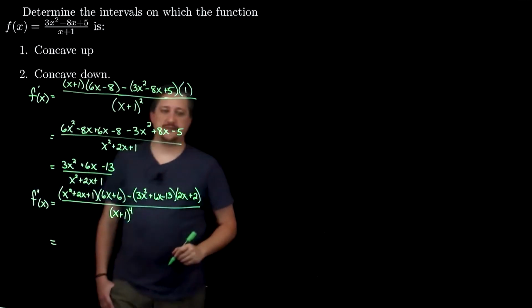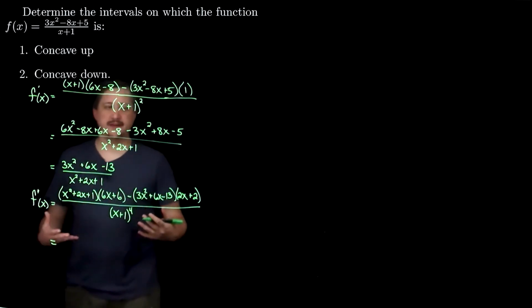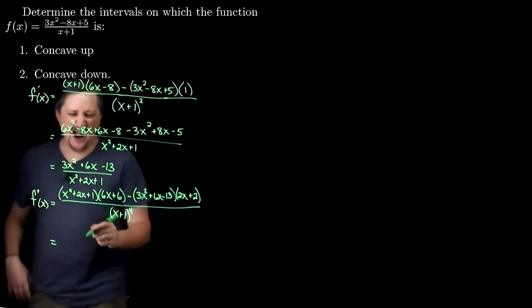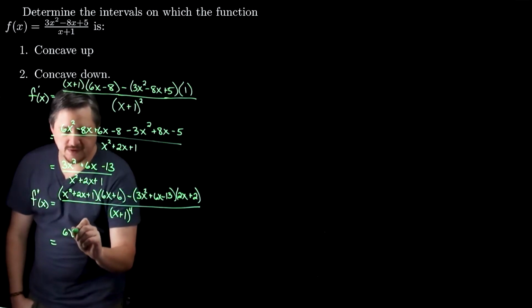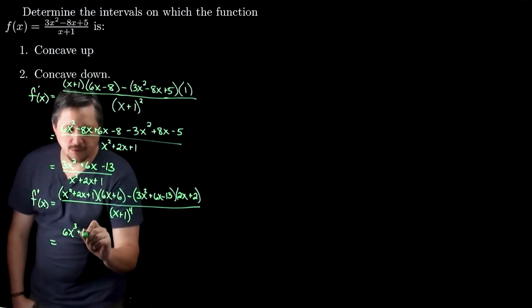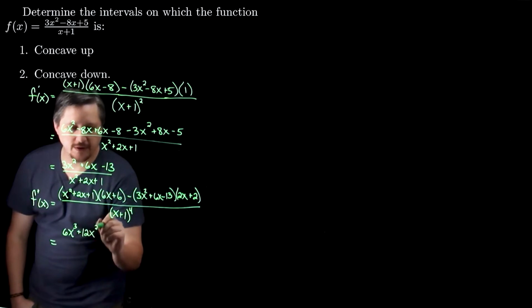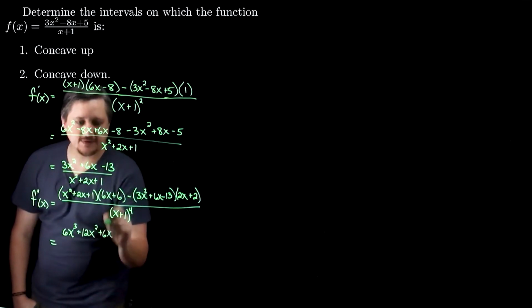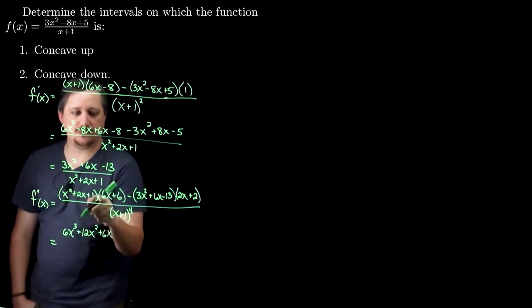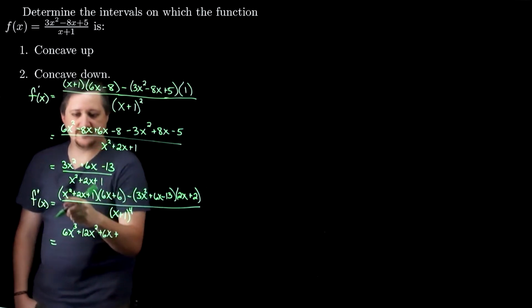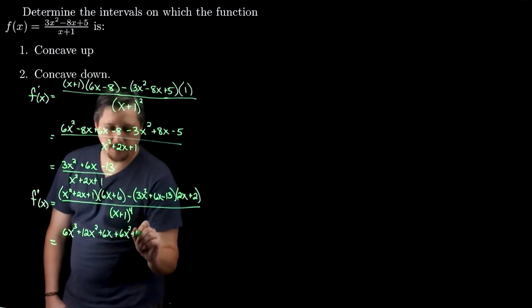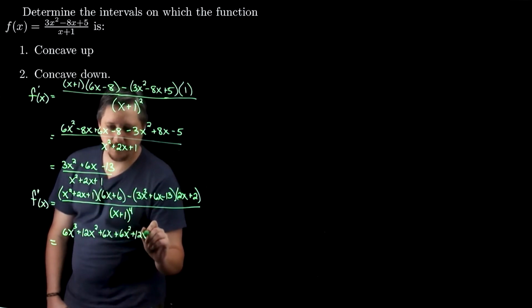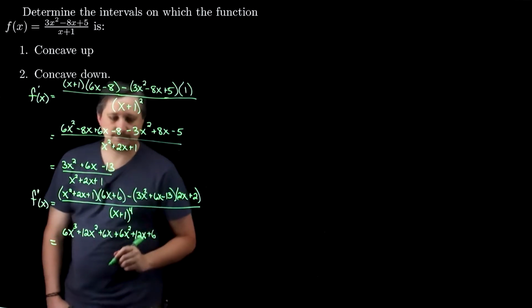Now I can expand all this out and, again, combine like terms. So here I'm going to have 6x cubed plus 12x squared plus 6x, so it's doing 6x against each of those, plus, and then 6 against each of these, so 6x squared plus 12x plus 6.